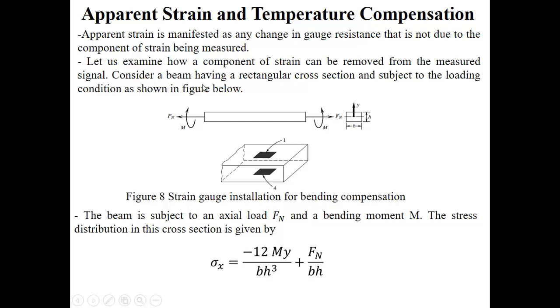Consider a beam having a rectangular cross section and subject to the loading condition as shown in the figures below. You have your load acting here, so you have your rod here. The beam is subject to the axial force here and the bending moment here. The stress distribution in the cross section is given by this one. This is how you calculate your stress at x.